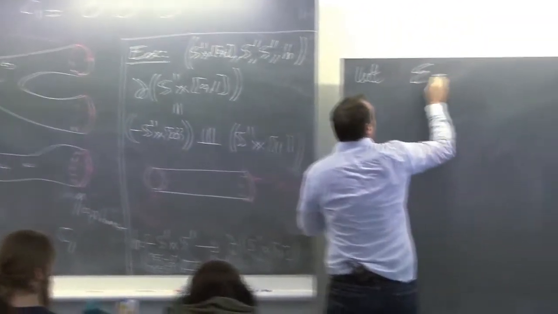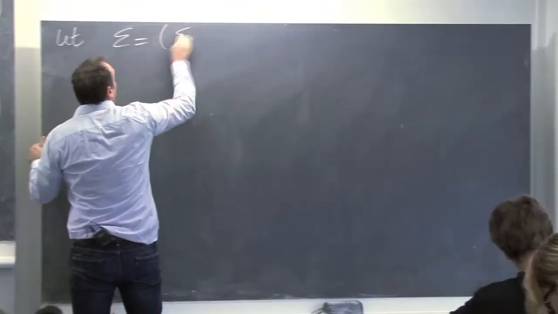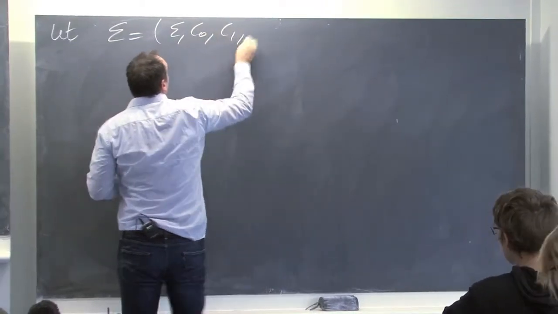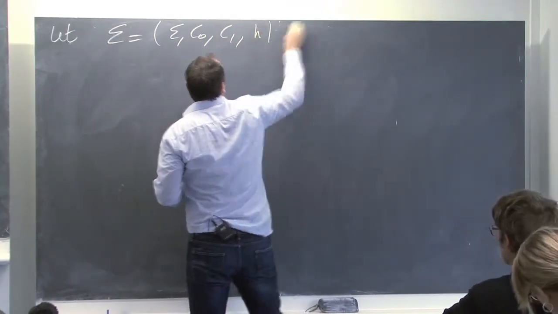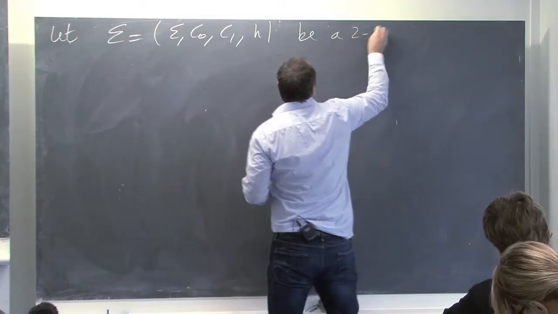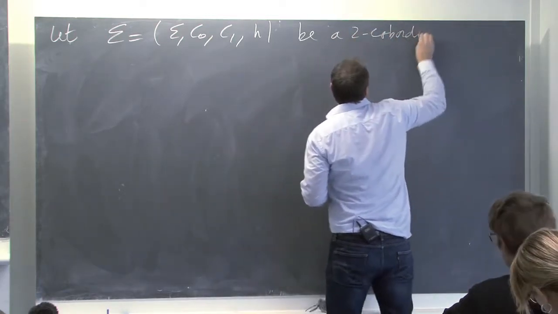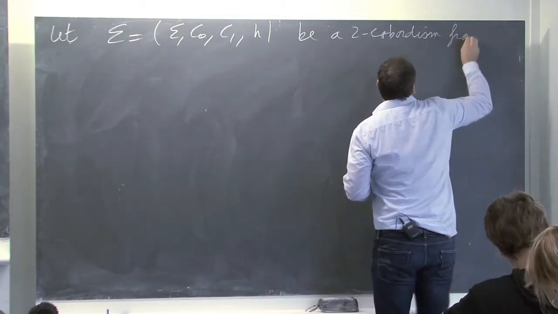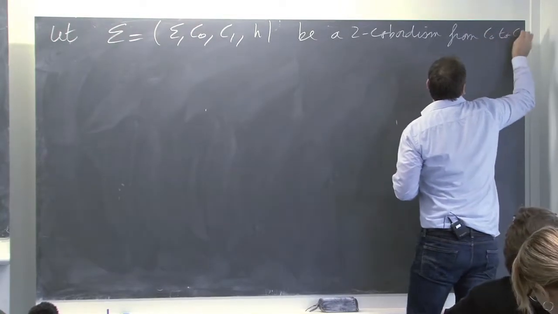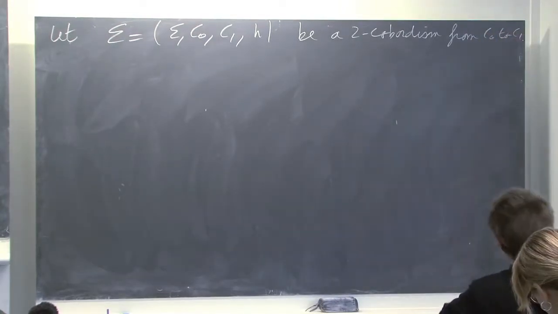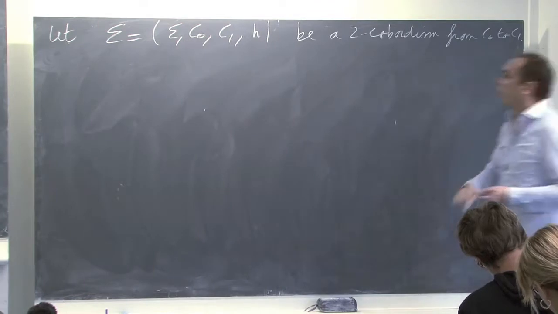Now we let sigma, C0, C1, H be a two-cobordism from C0 to C1. Like this.